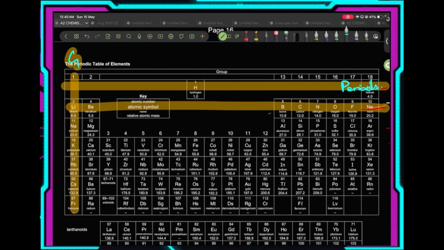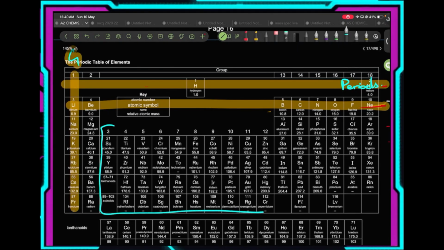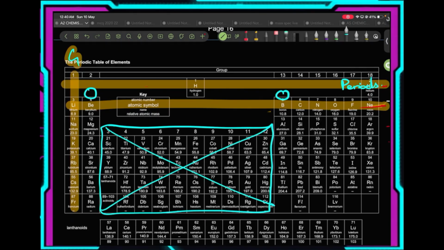Okay, so let's just count how many groups we have. We have a total of 18 groups if we count these 10 groups of transition elements that are in between group 2 and group 3 right here. If we forget about these, then you have group 1, the first vertical column, group 2, the second vertical column, then you just move on to group 3, 4, 5, 6, 7 and 8.